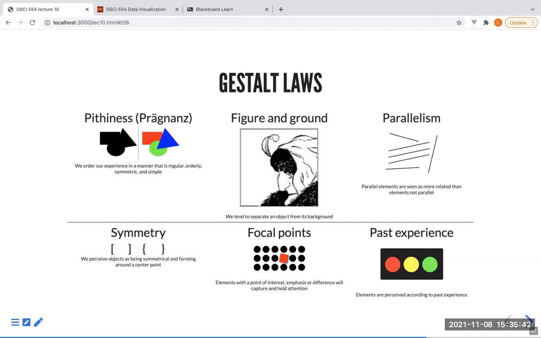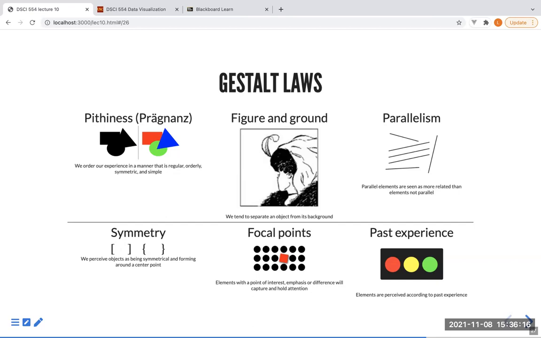Focal point, so this is not unlike the pre-attentive features. As long as the target is a point that is different in some channel from everything else around, then we see it as emphasized. And here we see that it captures your attention, but that's basically the pre-attentive features that are captured in that way.